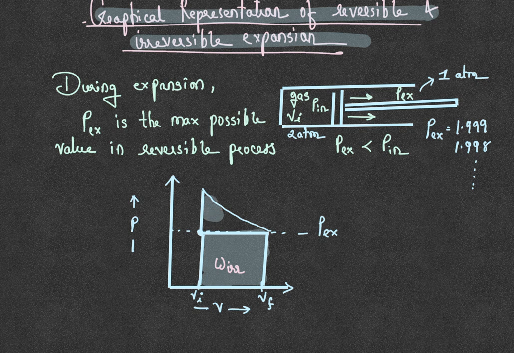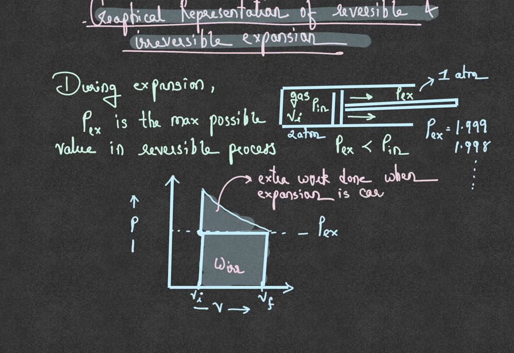This is the extra work done when expansion is carried out reversibly.